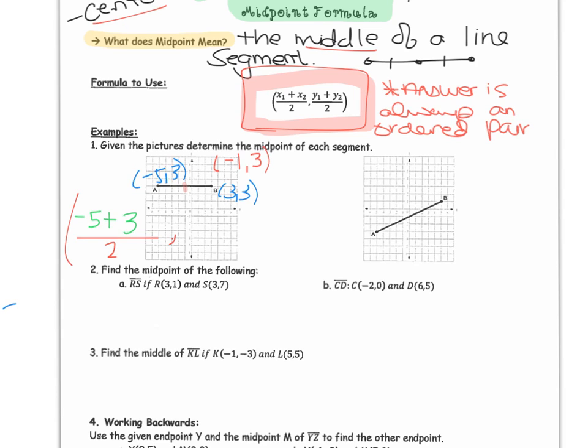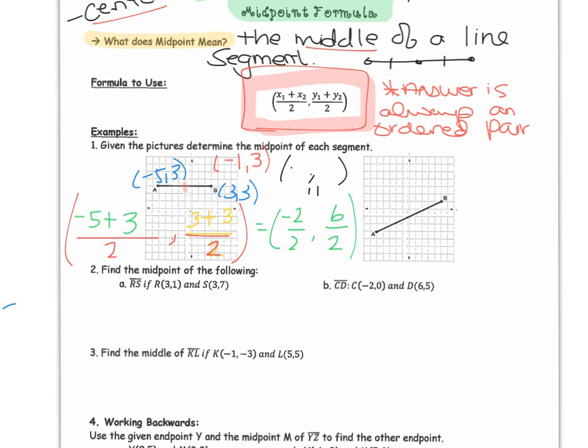My first y value is 3, plus my second y value is 3, divided by 2. Now all I have to do is clean this up. -5 plus 3 is -2, so I would have -2 over 2, comma. Do the y values: 3 plus 3 is 6 divided by 2. Now let's clean that up.